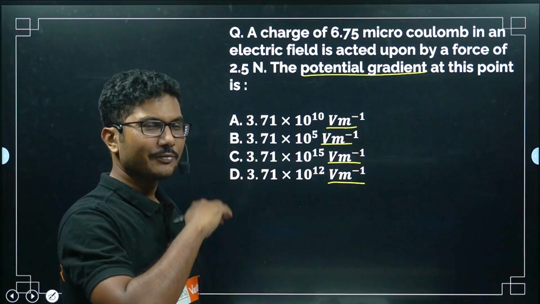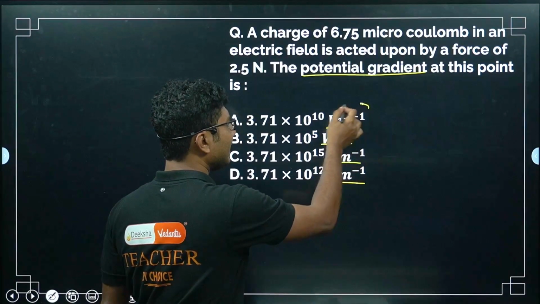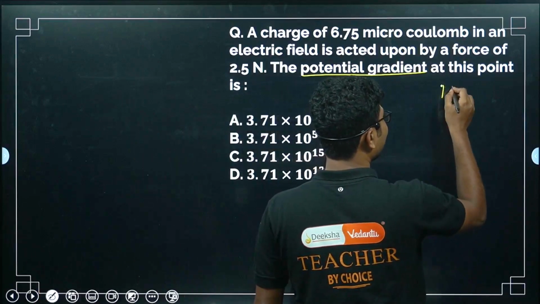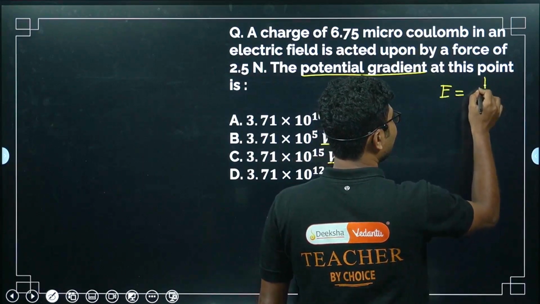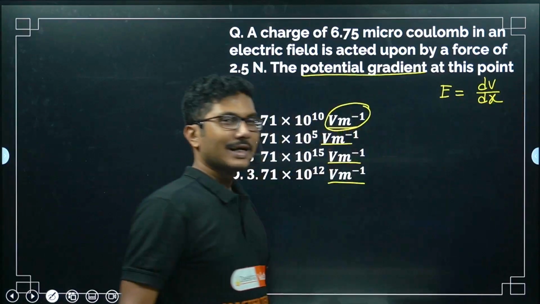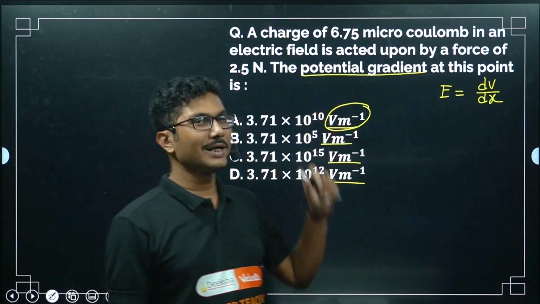But if you have solved the first few problems and read them properly, then you know this is nothing but electric field, right? Potential gradient means electric field, basically dV by dx, right? So this is a clever wording about this term. Otherwise, this is nothing but electric field.